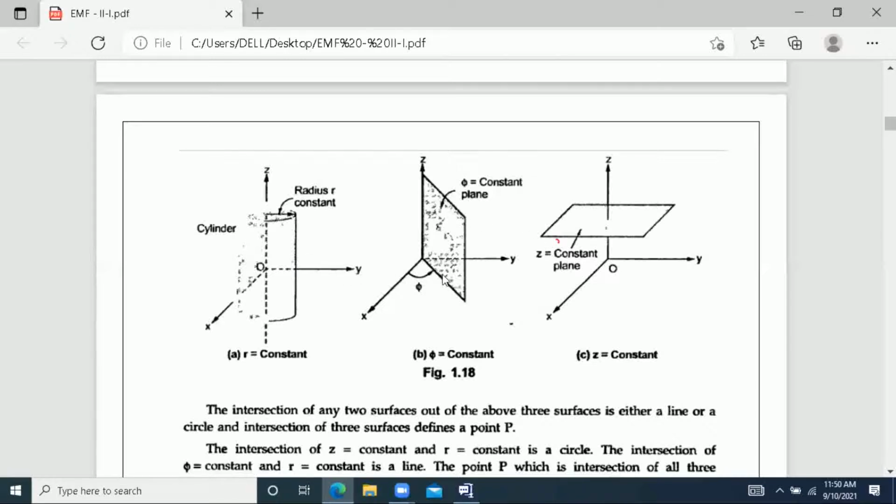A plane which is at angle phi, and you notice the angle is measured from the X. So the plane, which would be a slice, like if you take a slice out of a tasty cheese, the face of that slice, phi would be normal to that.